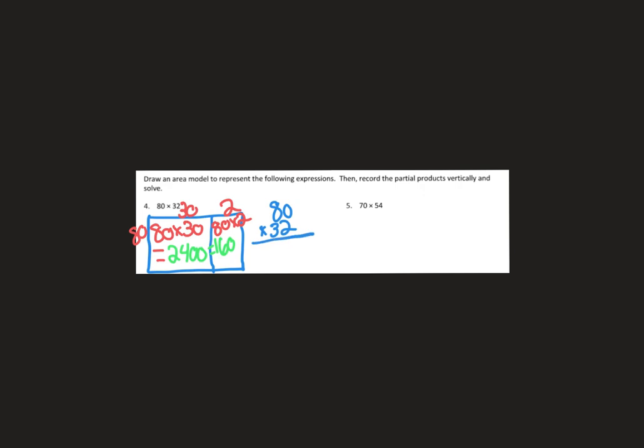We have 2,400 plus 160. And then we have to add those. So we have 0, 6, 5, 2.